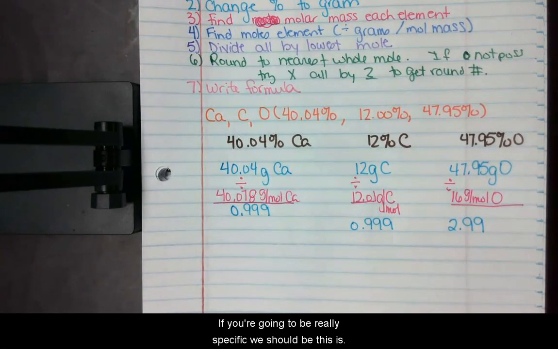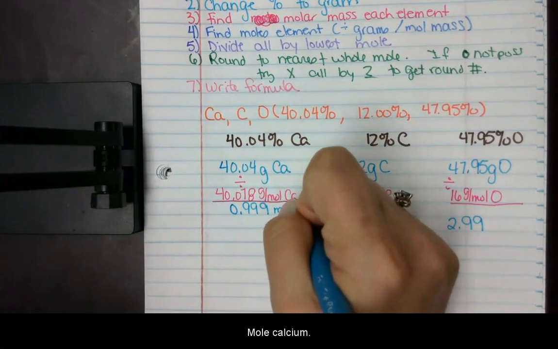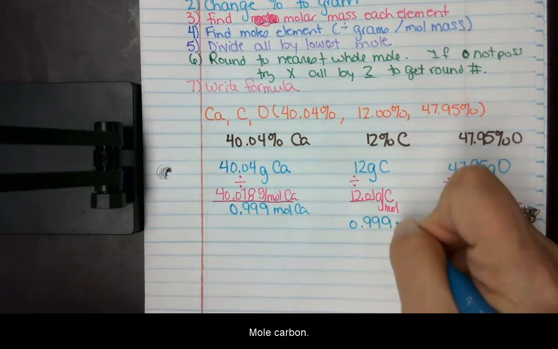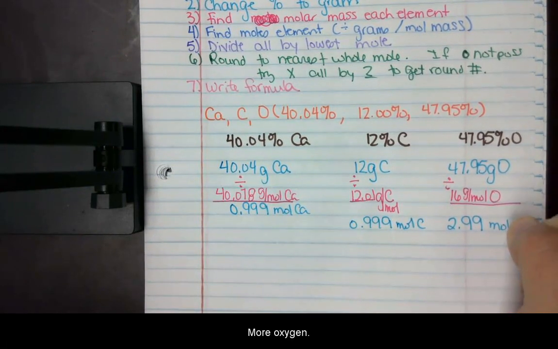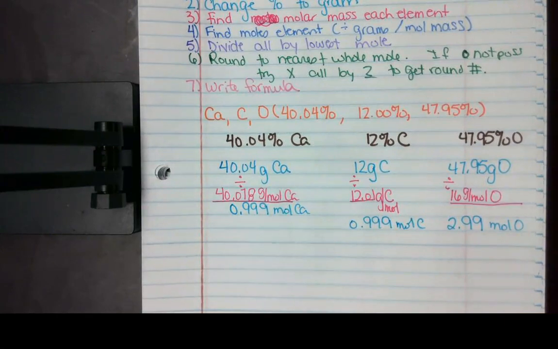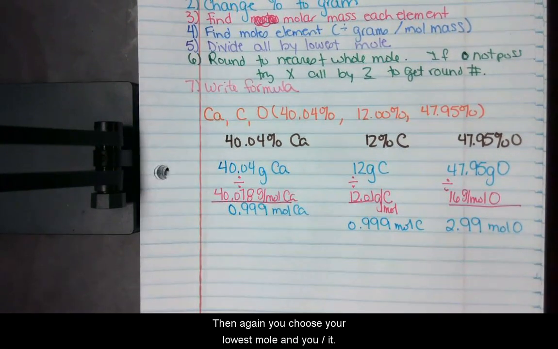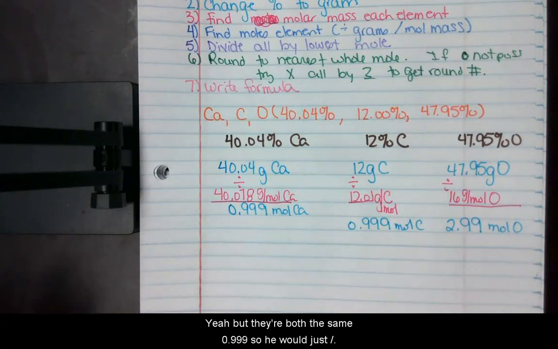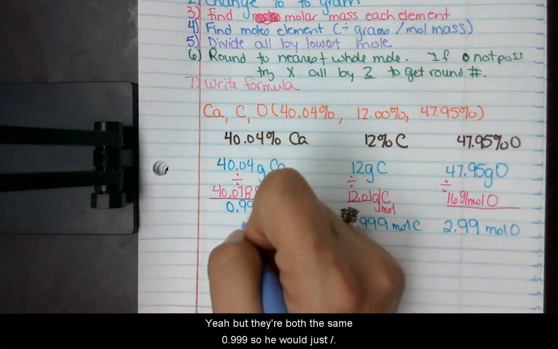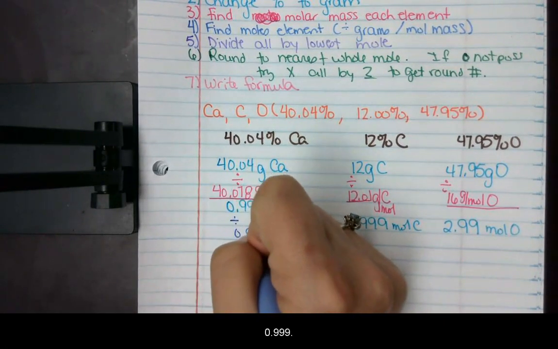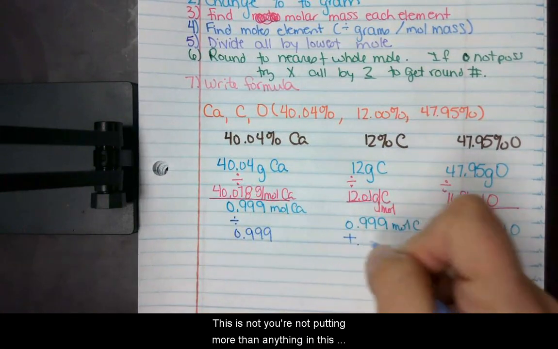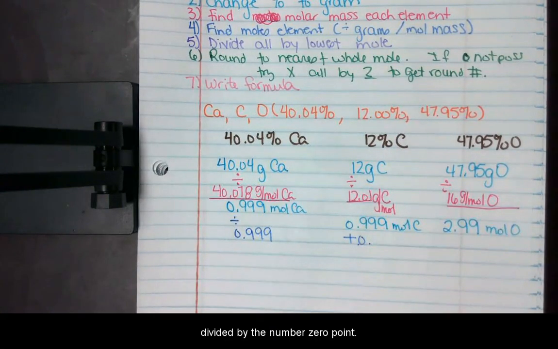And if you're going to be really specific, which we should be, this is mole calcium, mole carbon, mole oxygen. Then again, you choose your lowest mole and you divide by it. They're both the same, 0.999. So you would just divide by 0.999. You're not putting moles of anything, you're just dividing by the number.